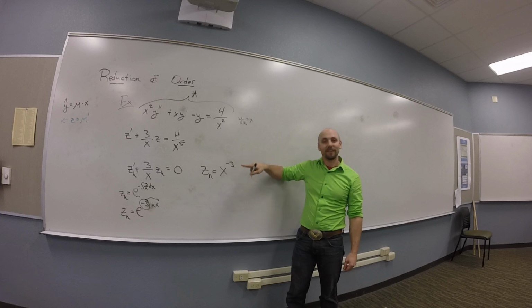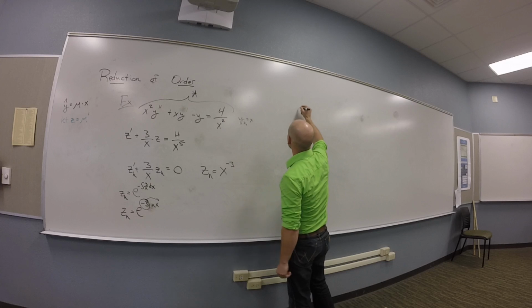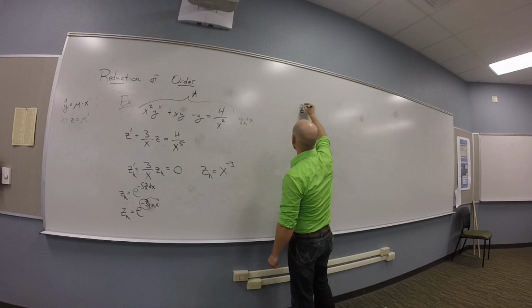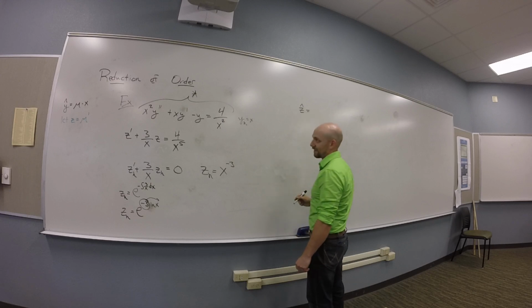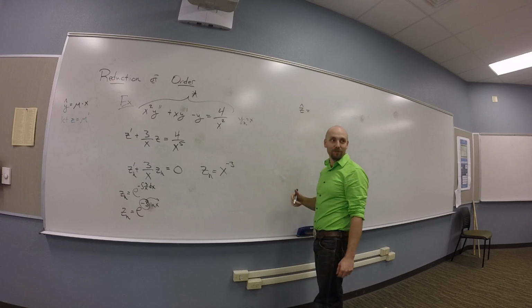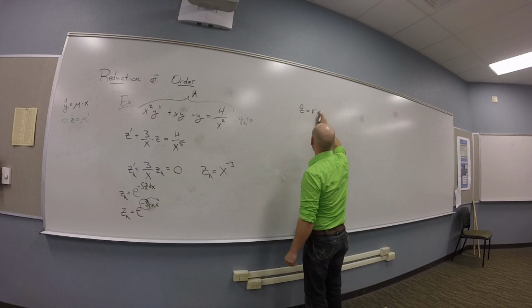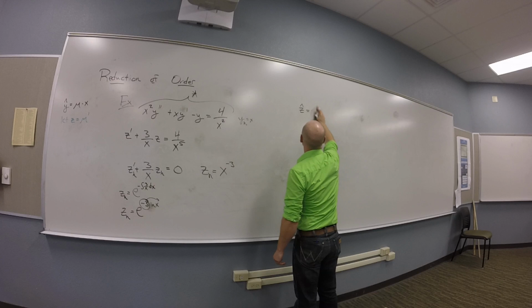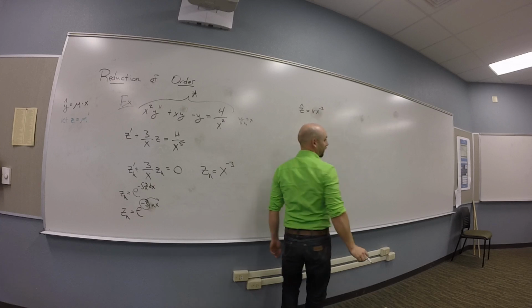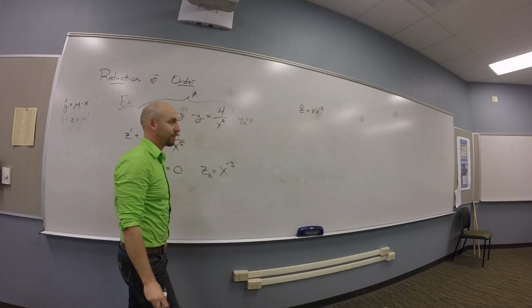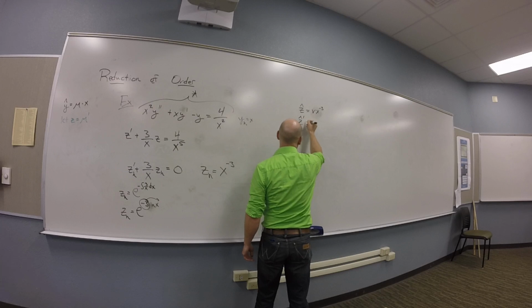So I guess z hat, which is some new variable, nu times x to the minus 3. And then I need to figure out z hat prime.